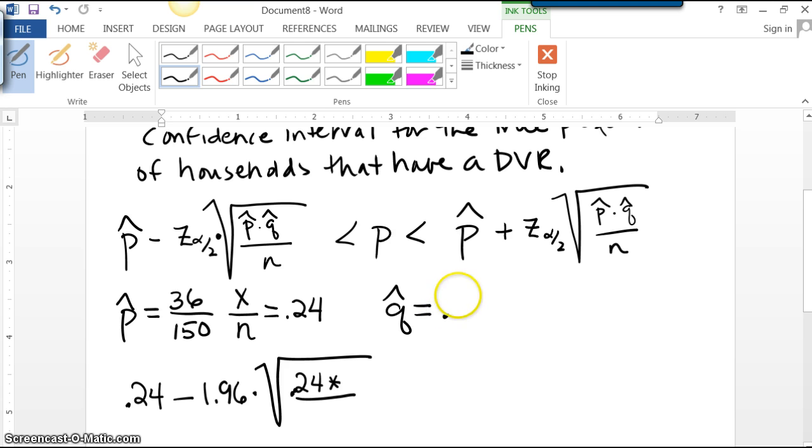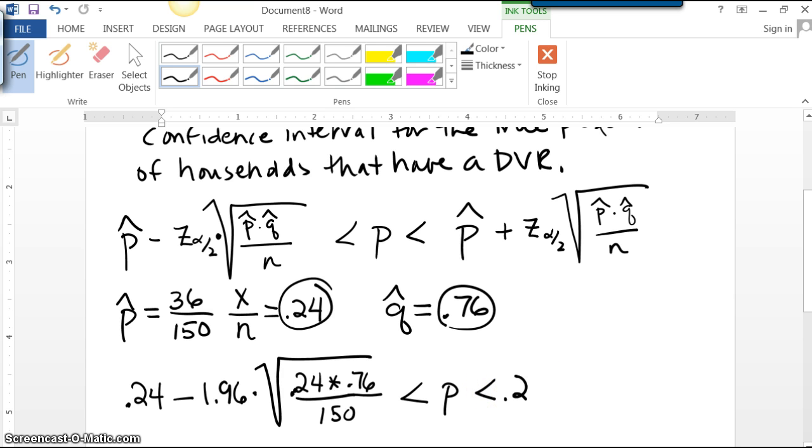And so it would be 76% because this number and this number have to total to 1. So this is 0.76. And then the sample size was 150. We're going to squeeze that P between that number, and we'll put the plus version of this on the other side.